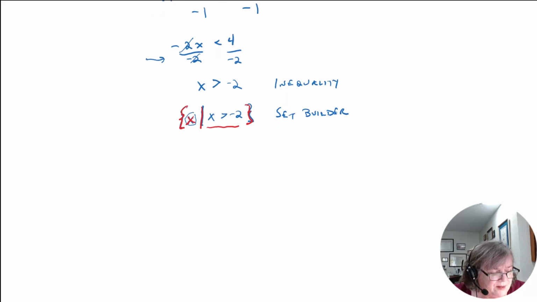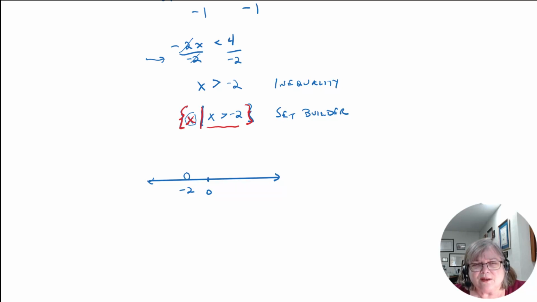Now, when you did these, and you probably did these somewhere in elementary school or junior high, you also would graph them, and they would give you a number line, like this. Here would be 0, and negative 2 would be over here. Depending on the book, depending on your teacher, depending on how long ago this was, one of the possibilities is you would draw a little bubble right here.